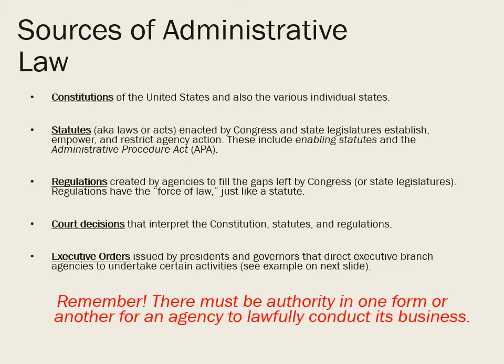And pretty much any type of agency action is going to be based on one of those sources of law. And that's because there must be authority in one form or another in order for the agency to do its business lawfully.